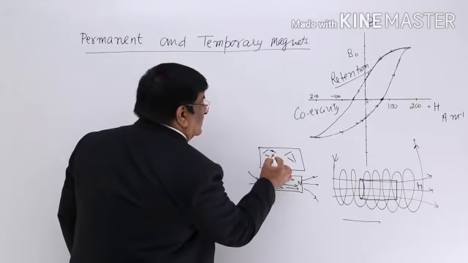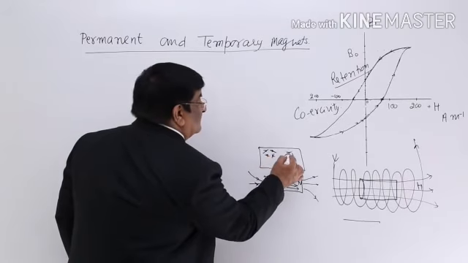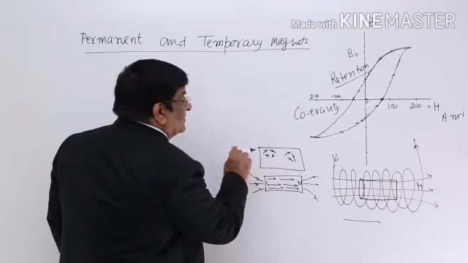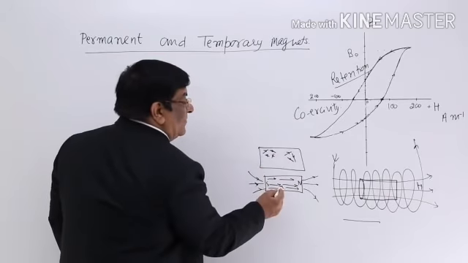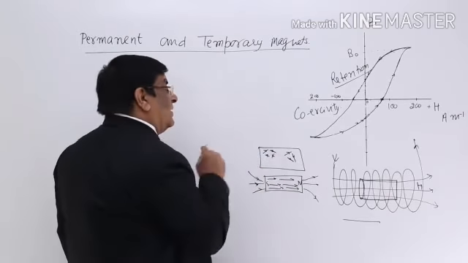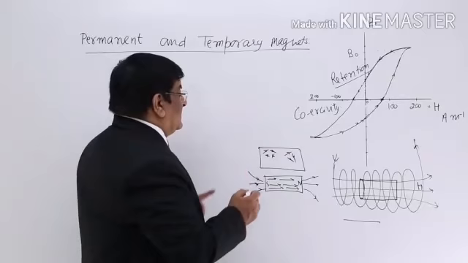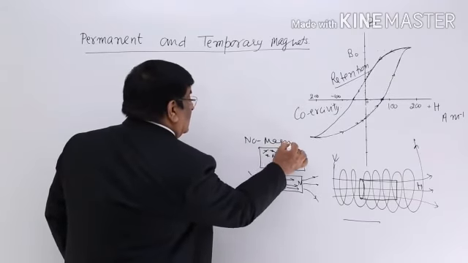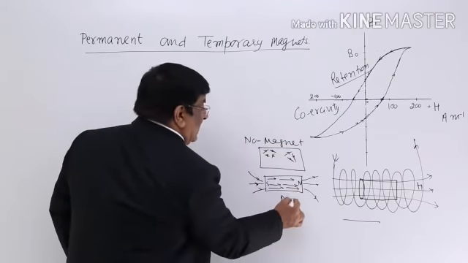Now it is no more a magnet. When this happens, on this we apply H, it becomes like this. We remove H, it becomes like this. This is no magnet, and this is a magnet.